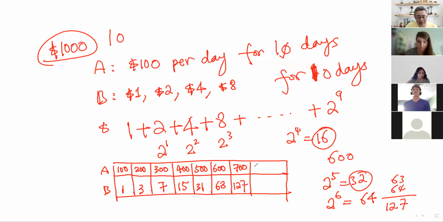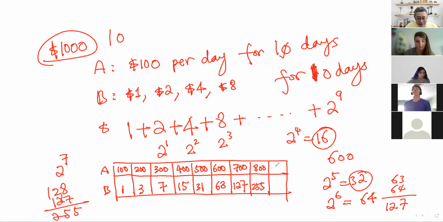And 800, we got 2 to the 7 now. 2 to the 7 is 128. 128 plus 127, we got 255.